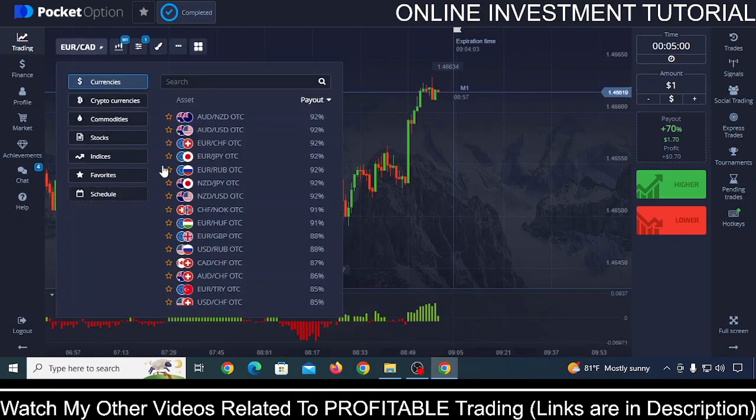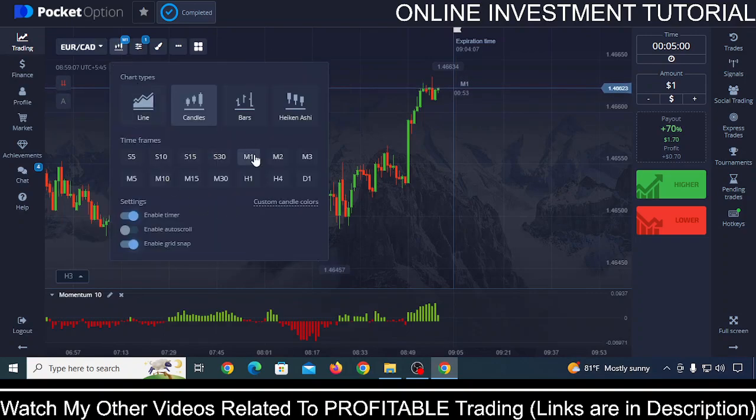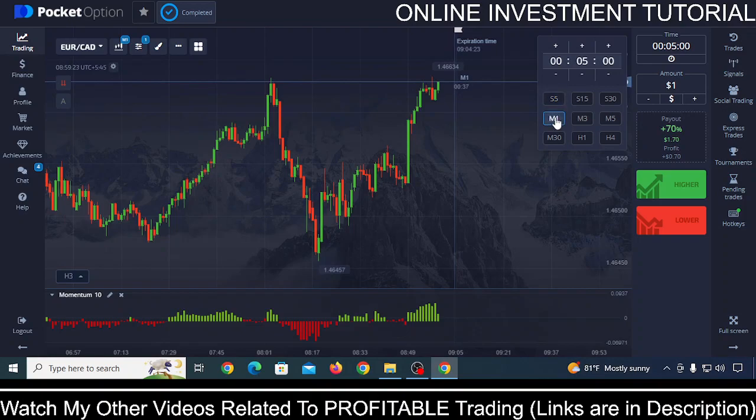Firstly, you need to select the currency pair you want to trade on, and then select the candlestick. You can trade on whichever candle you would like. I'll show you in the 1 minute candle time frame, and your trading time frame is also your choice. S5 means 5 seconds, M1 means 1 minute.